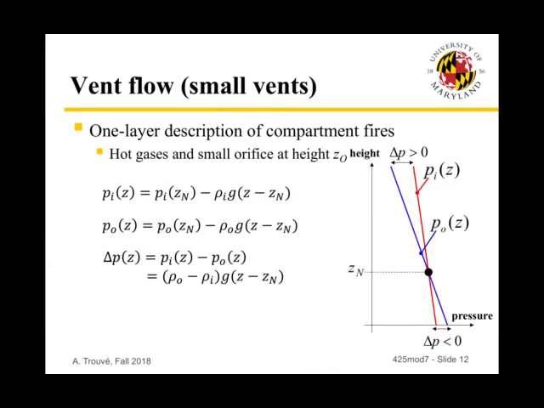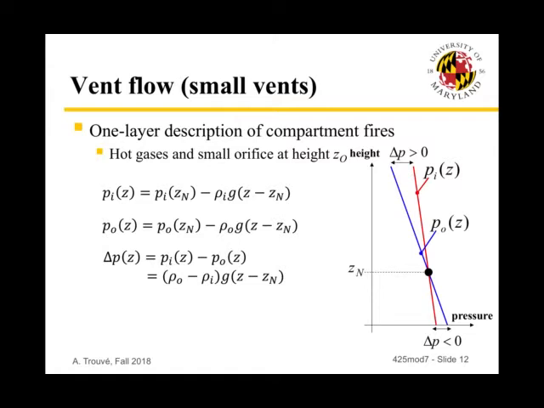Before we move on to proposing some expressions for the flow rates, let me come up here with an expression of delta P, the differential pressure between the fire room and the outside.